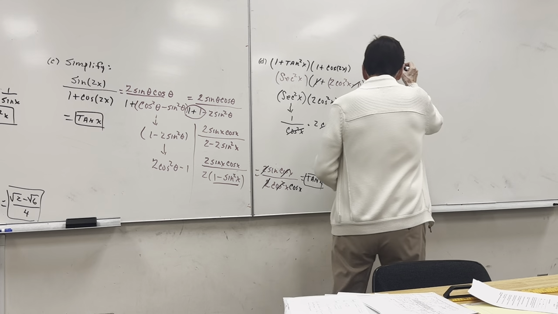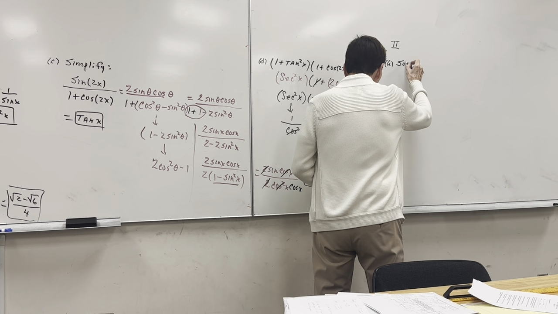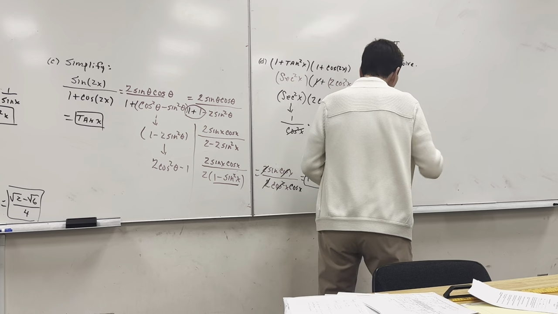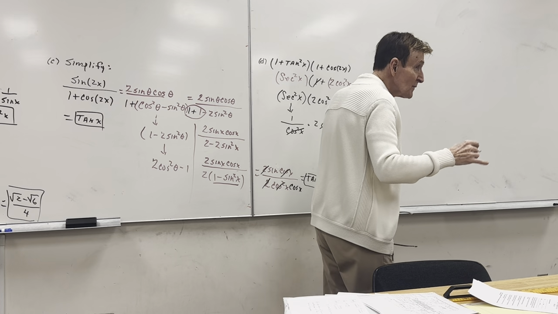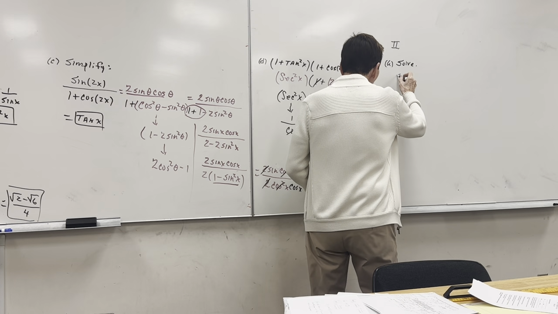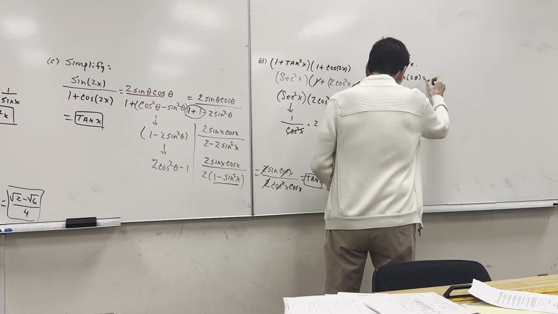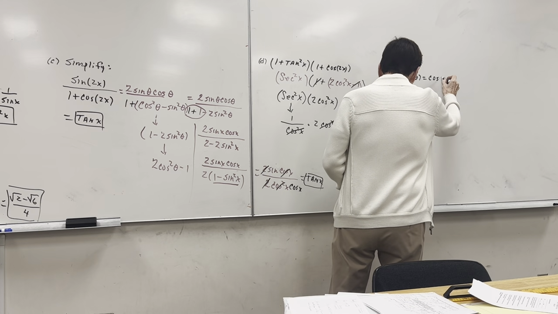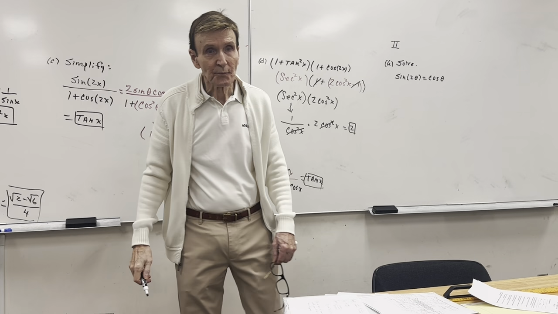It says solve the given equation on the interval of 0 to pi. It's sine of 2 theta equals cosine theta, and then they want the answer for us.